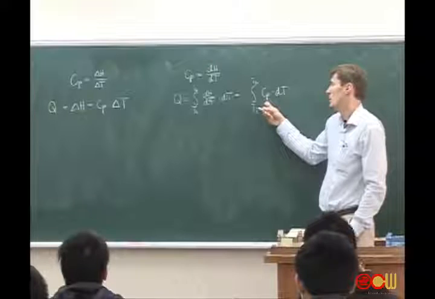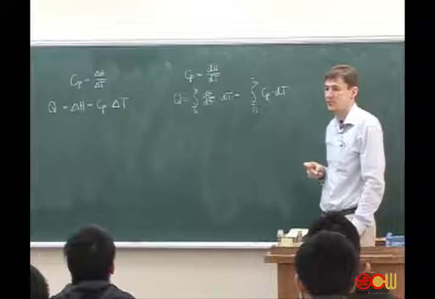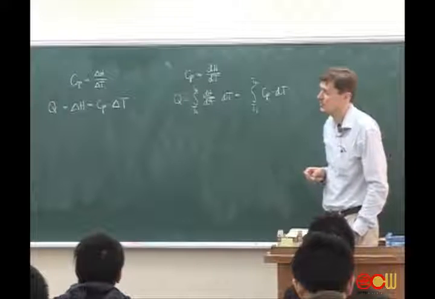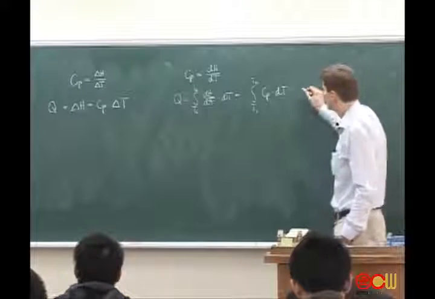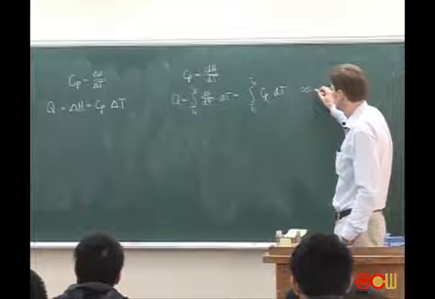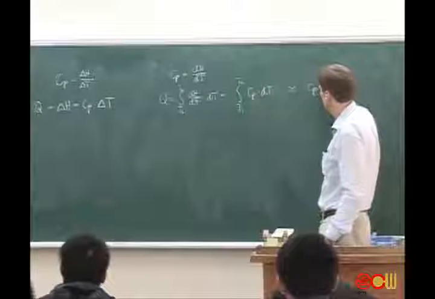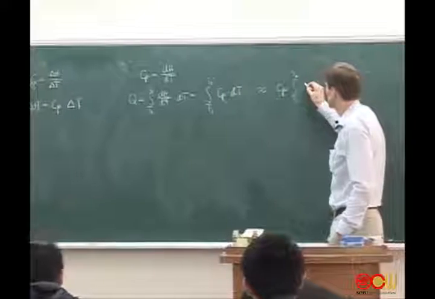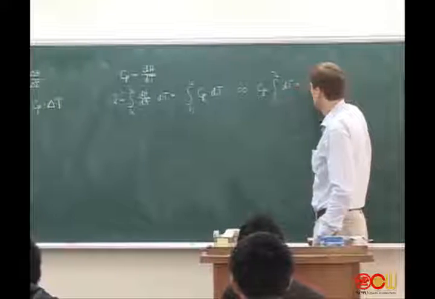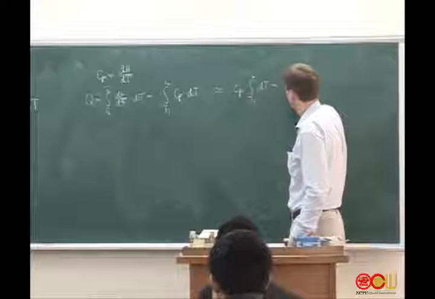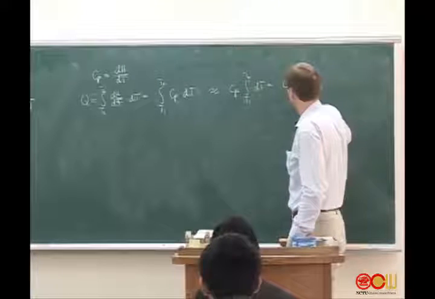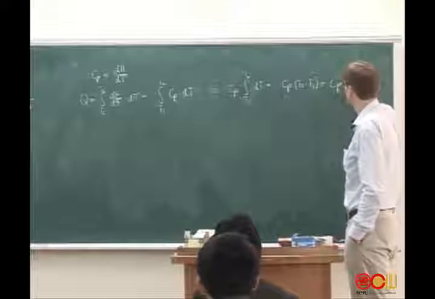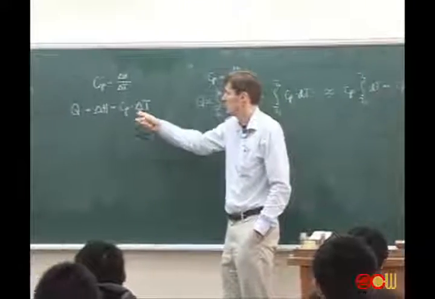Now, if you assume that Cp doesn't depend on temperature, and now we are from 20 to 80, probably doesn't depend very much, this is almost equal to, if you take the Cp out, the integral from T1 to T2 of dT, and that is of course equal to Cp of T2 minus T1, which is equal to Cp delta T, which you get here.